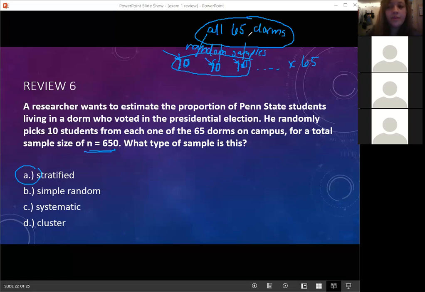They basically broke up all the people in the 65 dorms into different strata of 10 random people from each dorm. So this is a strata, and this is a strata, and so on and so forth. And then they took all of the strata together to create the end sample. So that's why it would be stratified.